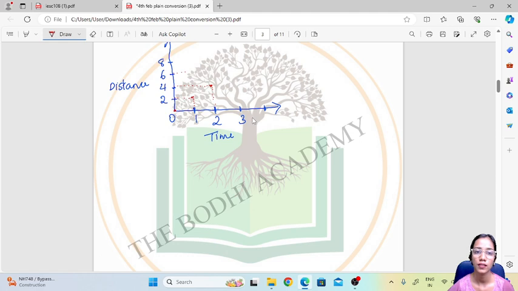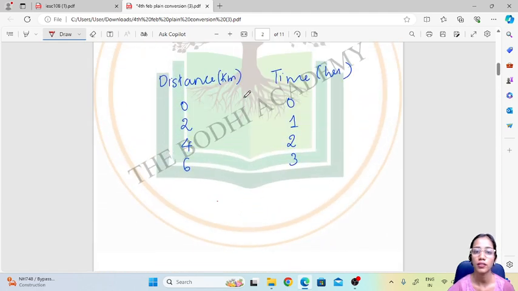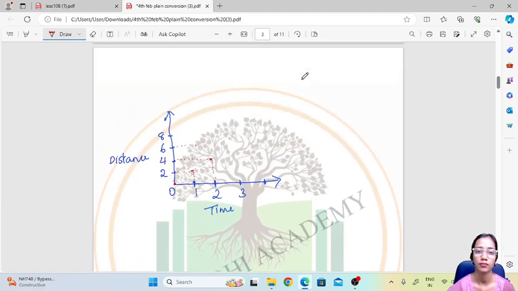Then 6 kilometers, we know that it is 3 hours. Now we'll join these points.